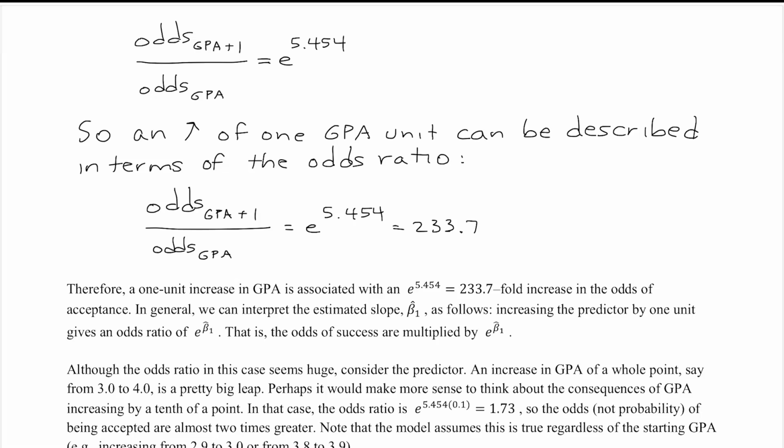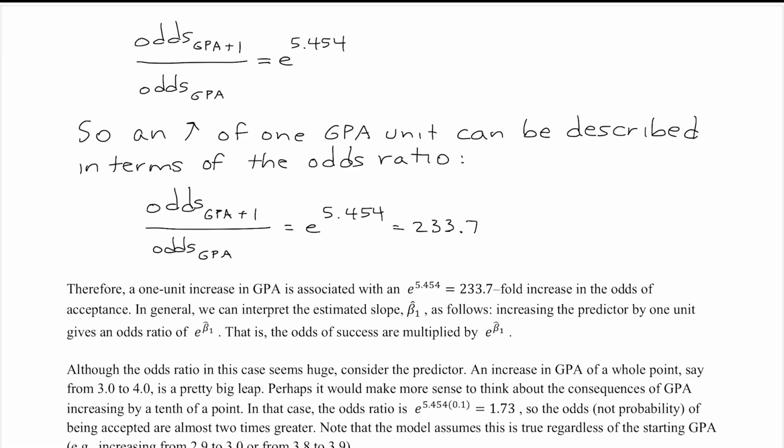Now, you might be saying to yourself, oh my gosh, that odds ratio is huge, and it is, but think about your predictor of GPA. I mean, if you could raise your GPA by an entire point, like from 3.0 to 4.0, that's pretty huge. So maybe you would expect a pretty amazing consequence from that.